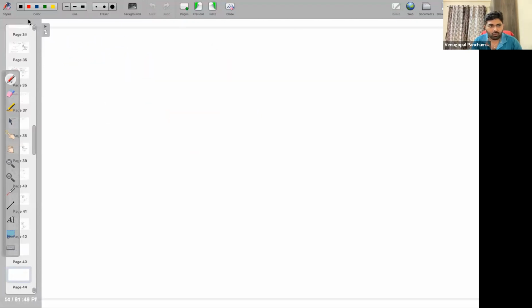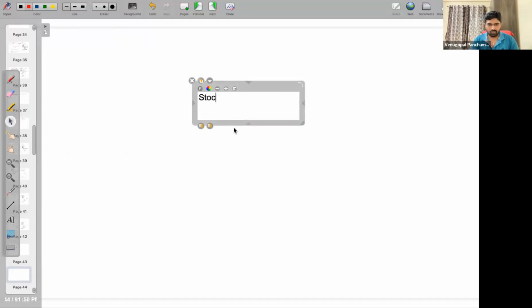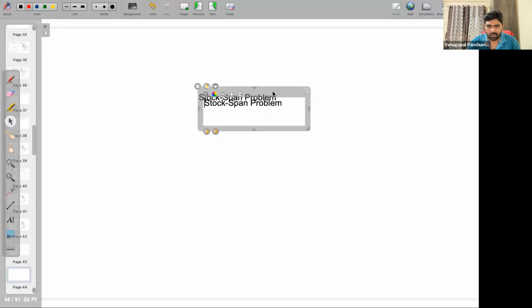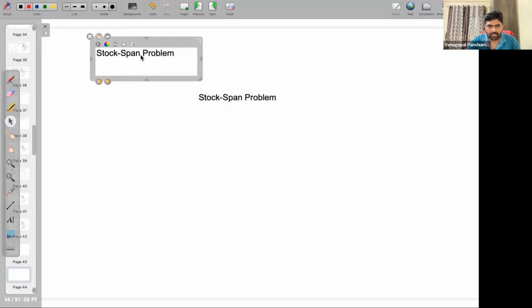Okay. Now, so we have seen initially the stock span problem I have explained. And then using that stock span problem, 4 problems we have seen, friends. That is, nearest smaller element to its left, we have seen.